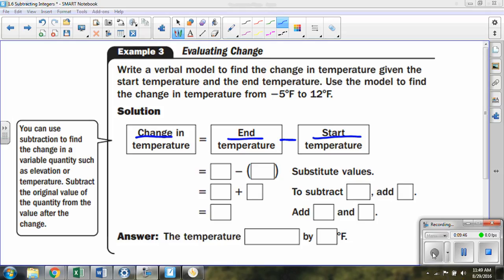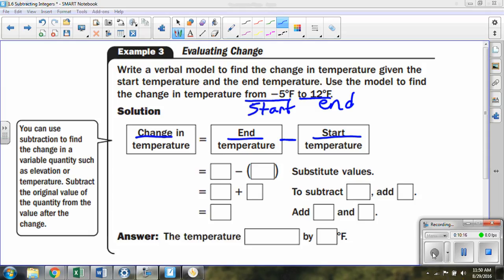So let's create a verbal model. What is the change in temperature to go from -5 degrees to +12 degrees? Well, which is the beginning and which is the ending temperature? 12 is the ending temperature because of the word to. -5 is the starting or beginning temperature because of the word from.